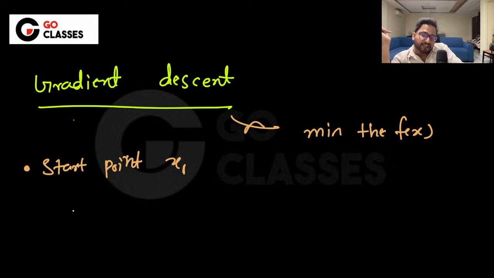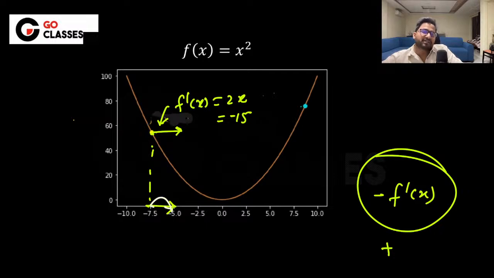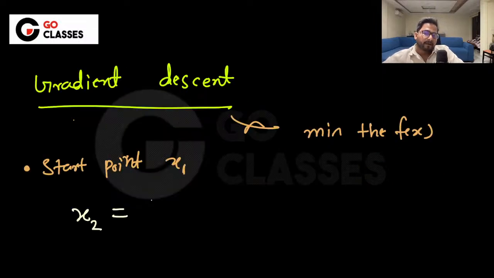Now what is your next point? Let's just call it x2. X2 might minimize or might not exactly minimize. I mean, it can go in that direction. It means that you can shift a little bit, or you can probably shift too much. I will tell about these things. But what is x2?